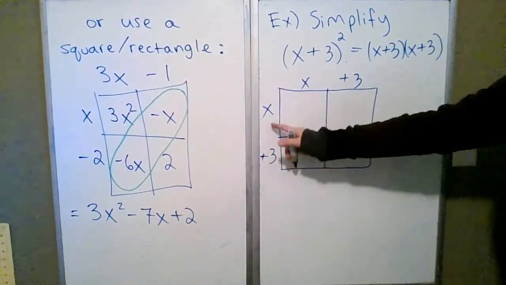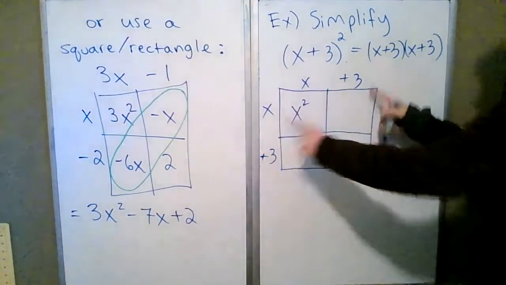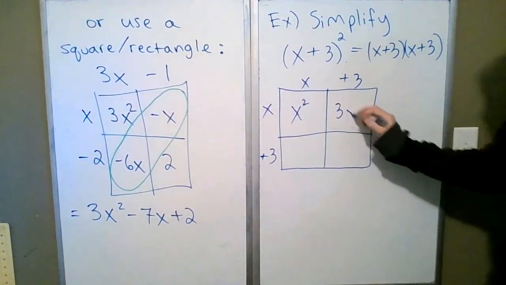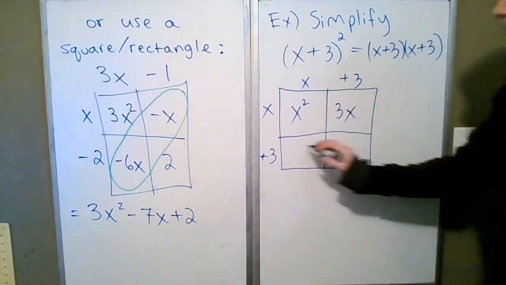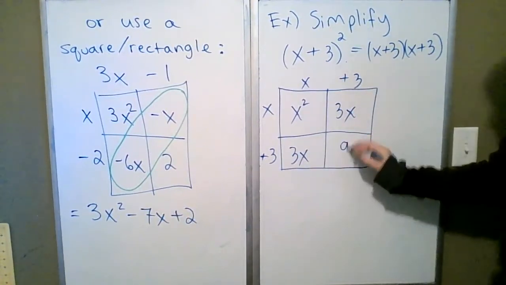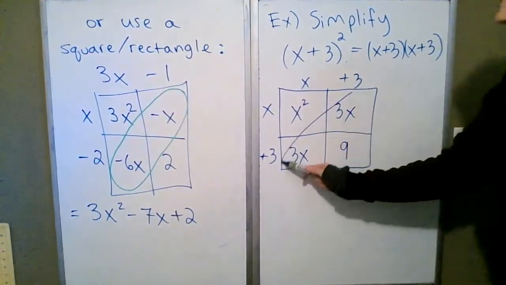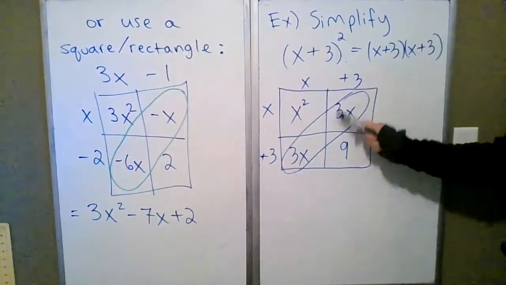And here, x times x is x squared. 3x. 3x. And 9. And your like terms are across from each other. So you want to add 3x with 3x to get 6x.